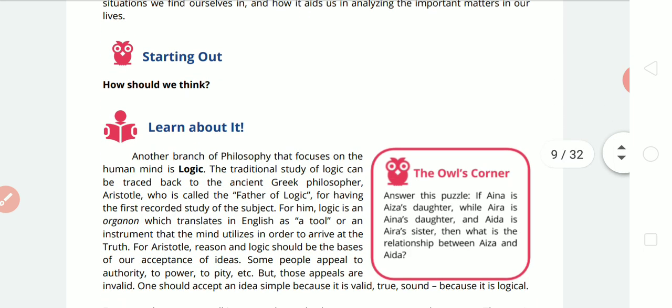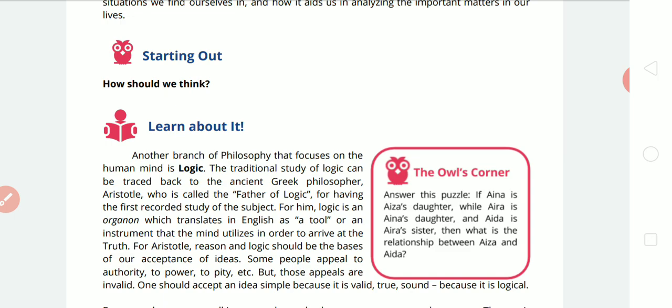The traditional study of logic can be traced back to the ancient Greek philosopher Aristotle. Aristotle, aside from his great contributions in the field of science, is also considered one of the greatest philosophers who existed, even in his own generation.